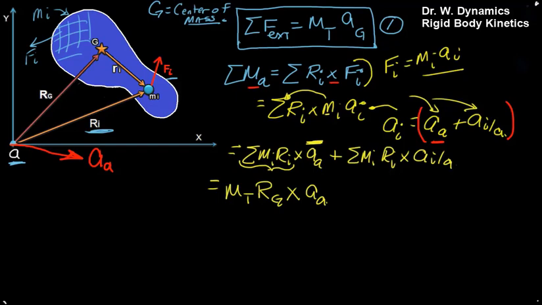Now over here, none of these are constants, they're all i specific, and this cross product is interesting. If we look at this ith particle back here, here's our ri value. There's two types of acceleration that it could have.